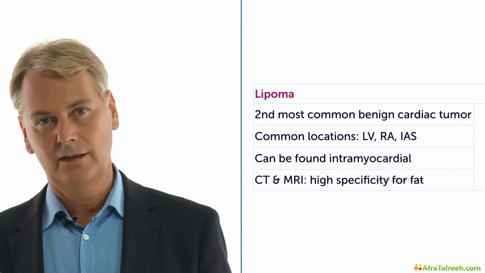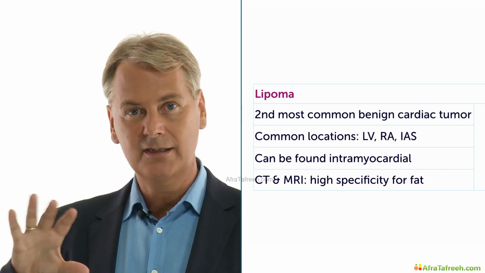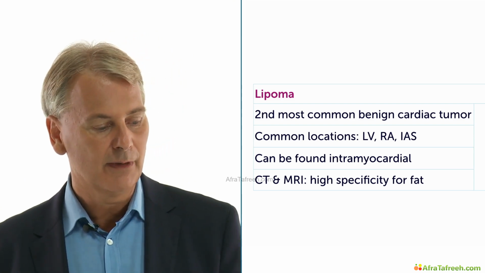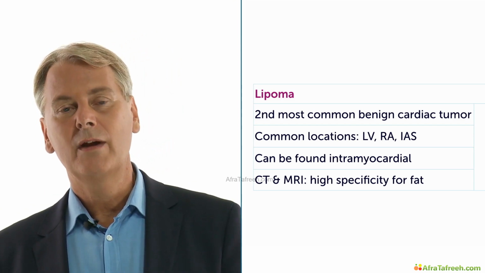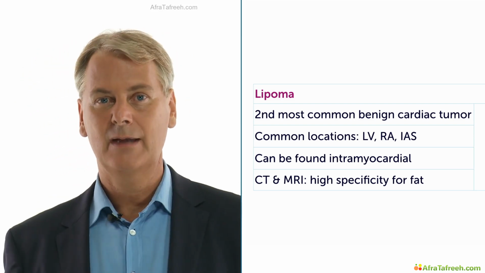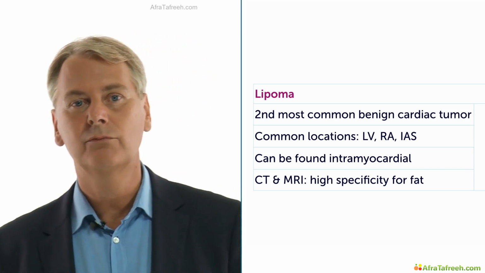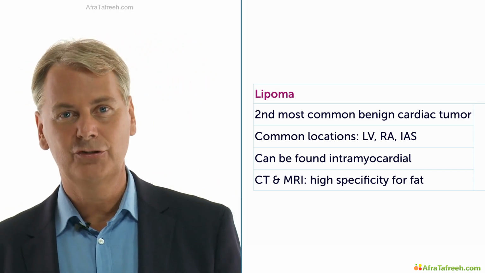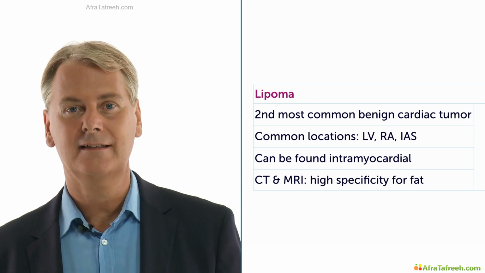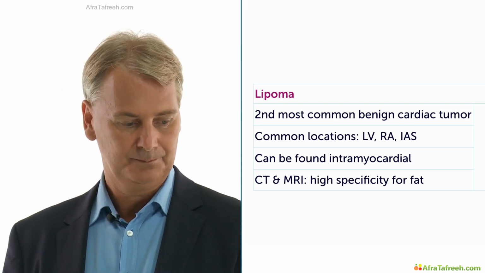Sometimes we can see those lipomas intramyocardially, where they just appear as a fuzzy kind of mass inside the myocardium. The way we usually try to diagnose it, we send these patients to MRI and CT, and especially with MRI, you can help yourself with characterizing the tissue, because with MRI you can detect fat, and that sometimes can lead to the diagnosis of a lipoma.